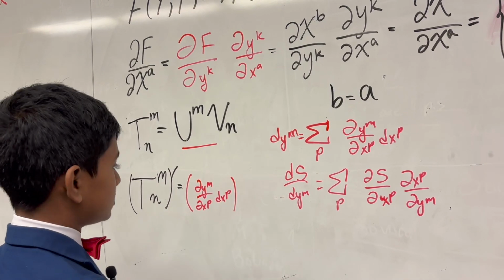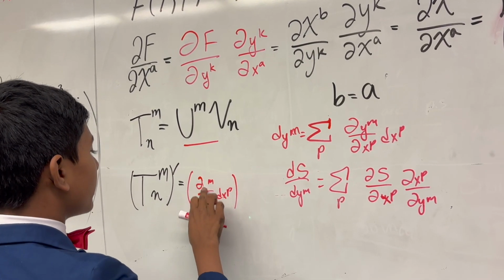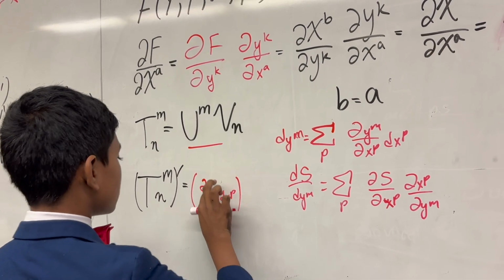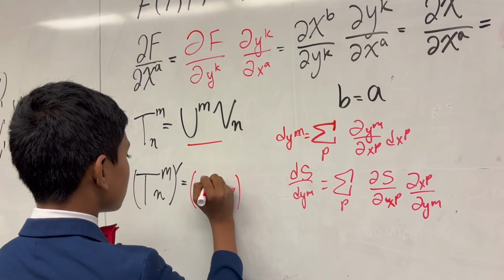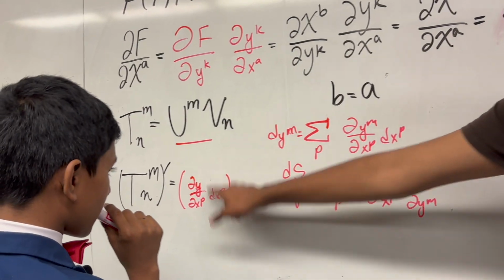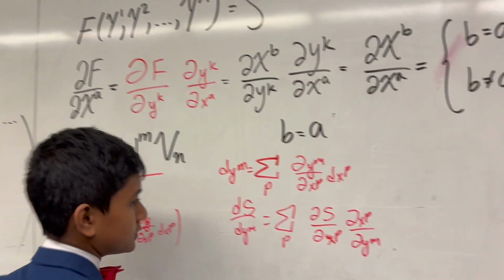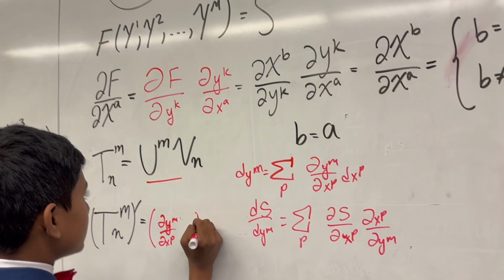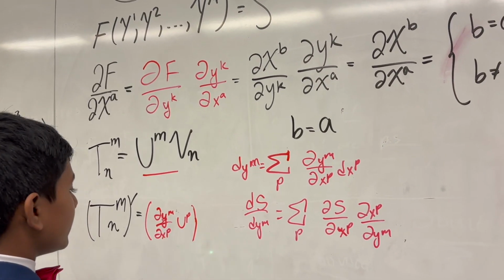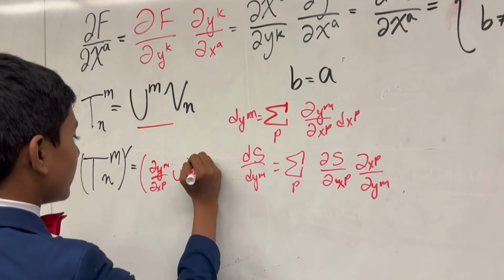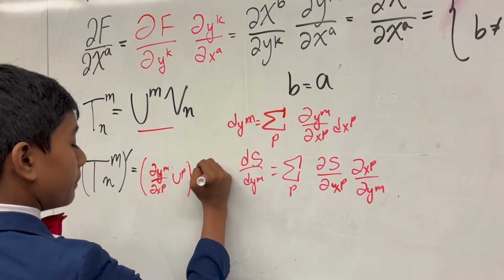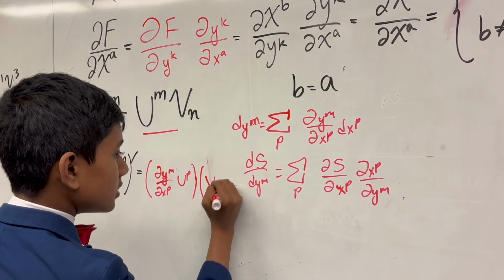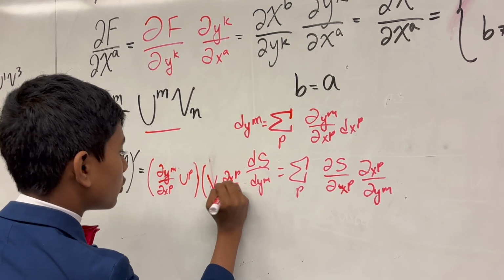But we're actually using u and u prime, so we have to account for that first. You can keep that y, and you can make the dx. So this is u p, and then we should be able to write v q, partial x q, partial y n.